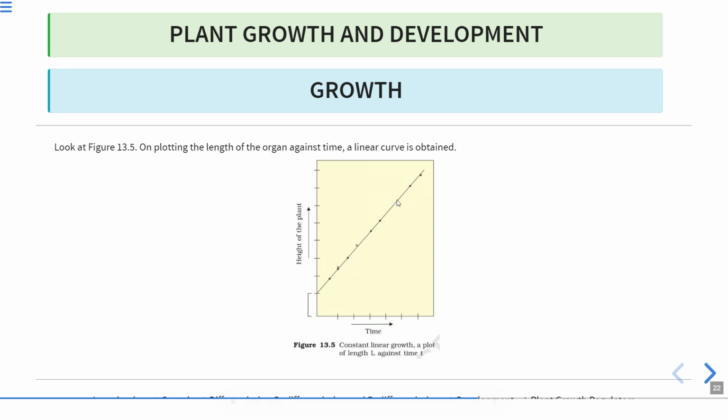Every time the growth is at the same rate. Every week there is an equal increase in size from the previous one, right? So this is showing the constant linear growth in the case of root.